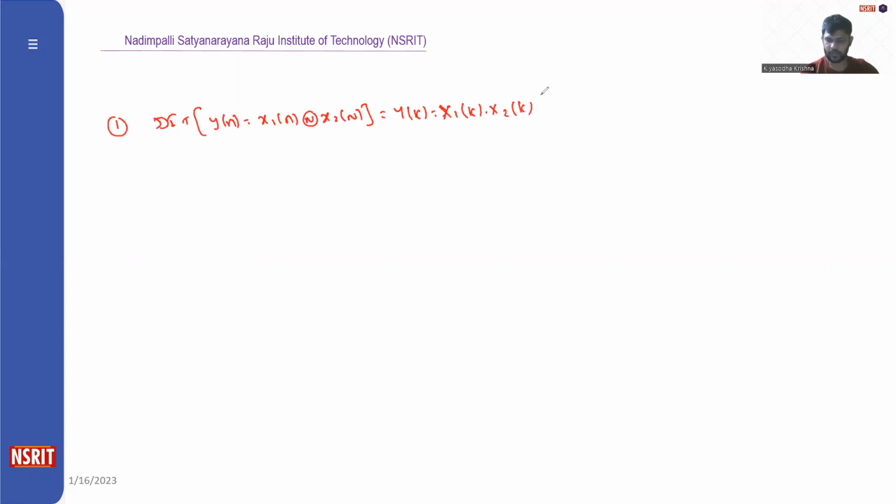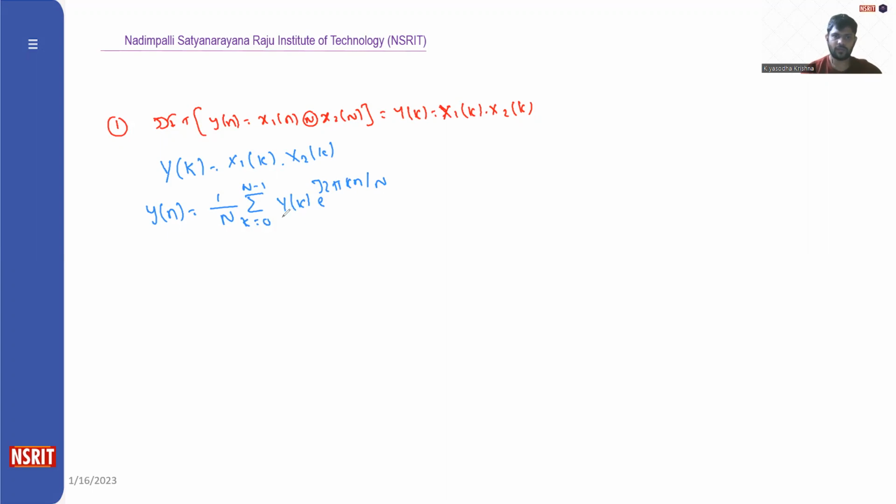Let me take the properties, and we know the statement from the left hand side: Y of k is equal to x1 of k into x2 of k. Let us take y of n, where the y of n formula is nothing but the summation k equal to 0 to n minus 1 of y of k e to the power of j2 pi k n by n.